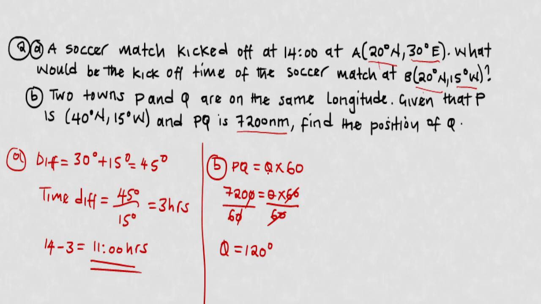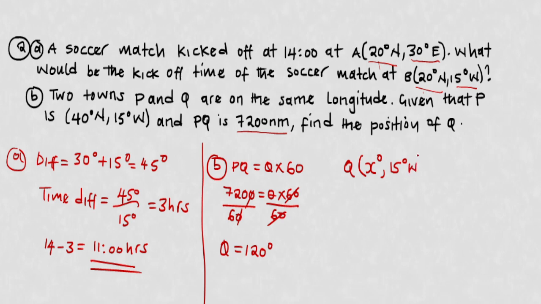Here is the thing I want you to get. They are saying these two towns are on the same longitude, right? So whatever Q is, the latitude we don't know, we're going to put x degrees, but the longitude, no matter what, will be 15 degrees west. Why am I saying 15 degrees west? Because the question is saying they are on the same longitude.